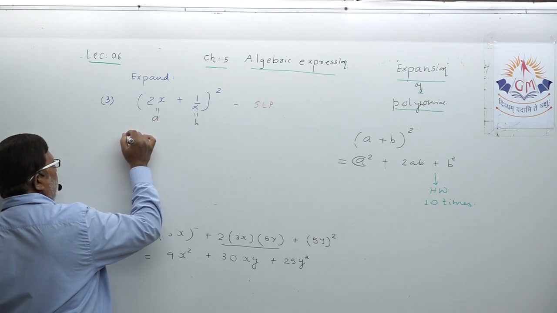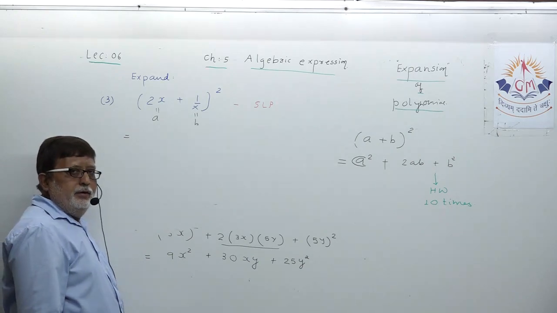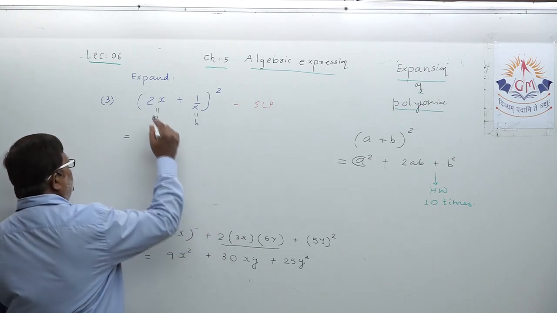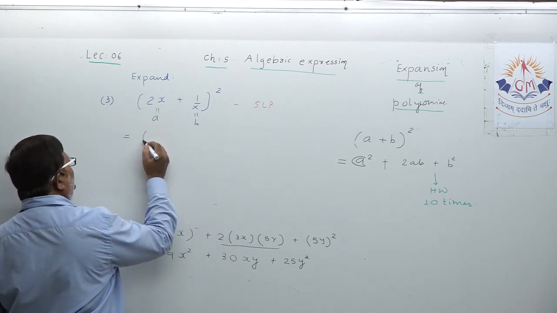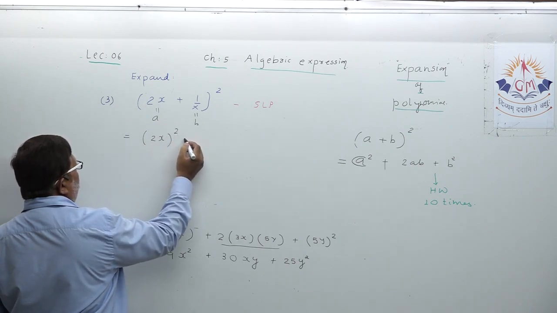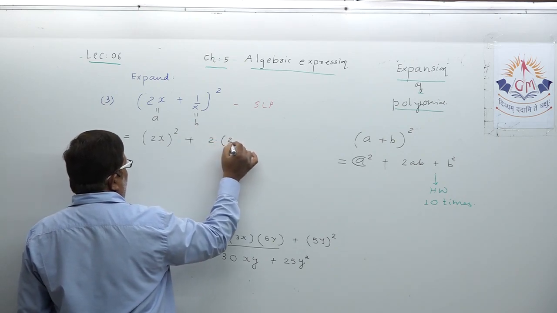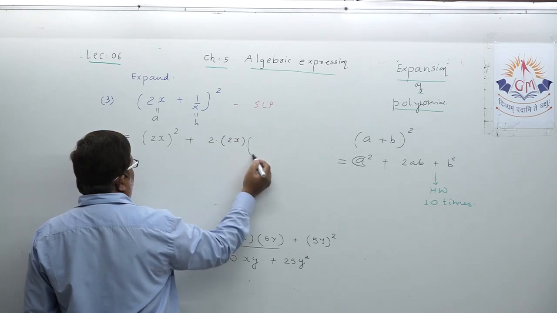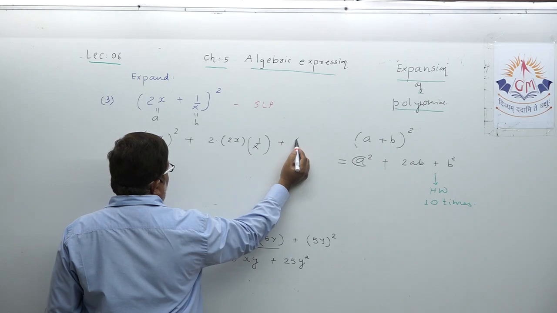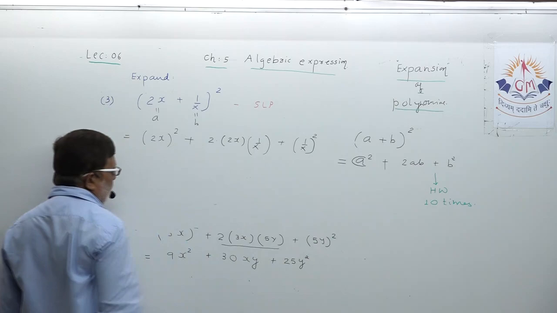You must have done in your book. If you have already completed the example in your book, try to verify. A square, you will write 2x plus 2AB, A means 2x, B means 1 upon x, plus B square, that is 1 upon x whole square, okay?